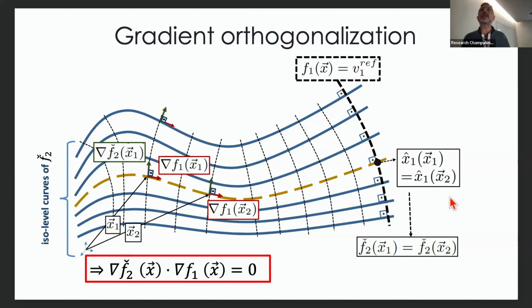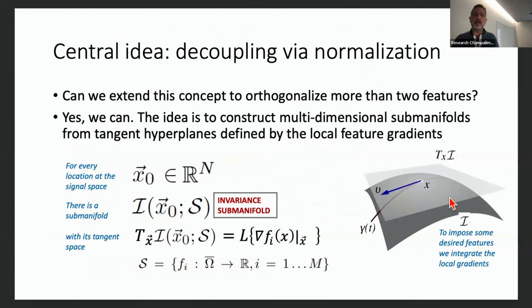Yeah, exactly. That's a good question, because it helps me to introduce the case where you have more than one feature and you want to fix several values at the same time. Then you have more degrees of freedom because you have several gradients. If you're lucky, you have a manifold.